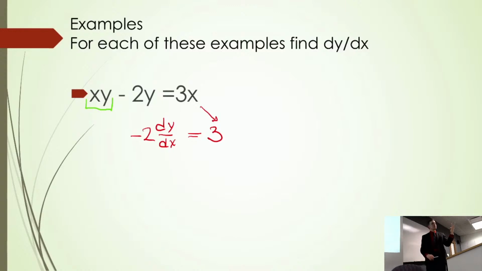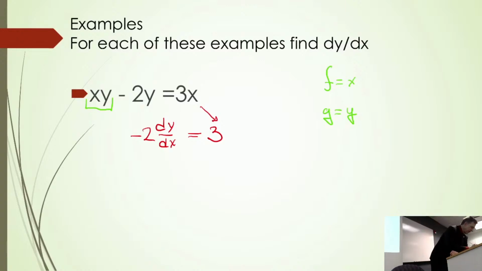So Kelsey, which one do you have in your mind? Product rule. You have a product, don't you? That's the one, by the way. x times y. I'm so tempted not to do this, but I'm going to. f is equal to x, g is equal to y. Product rule.